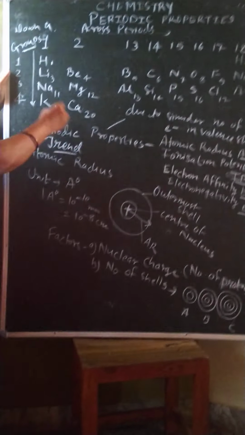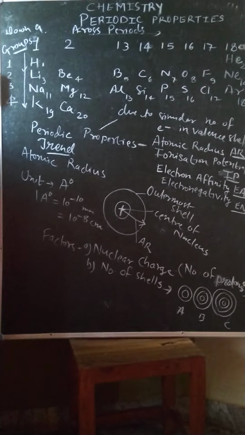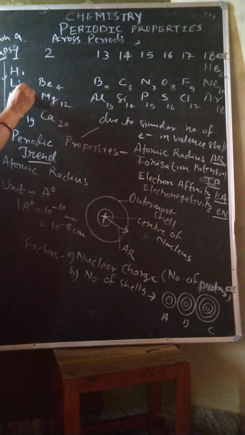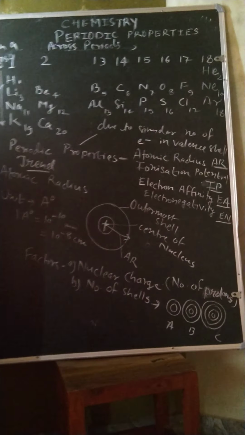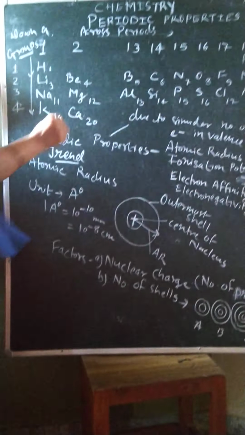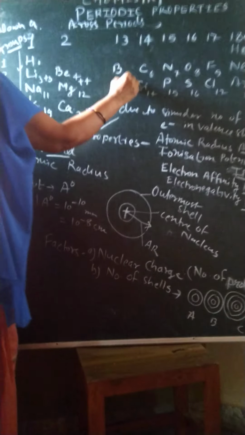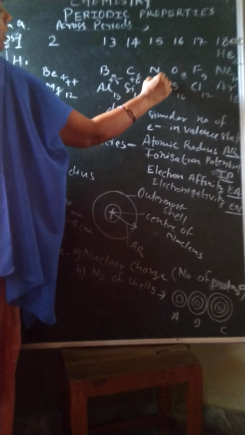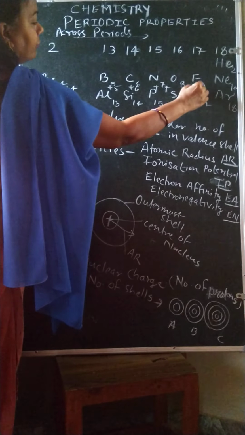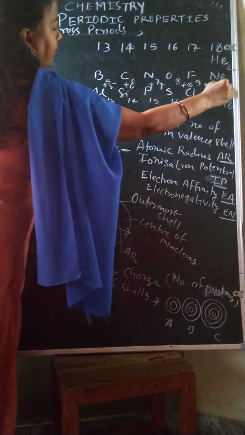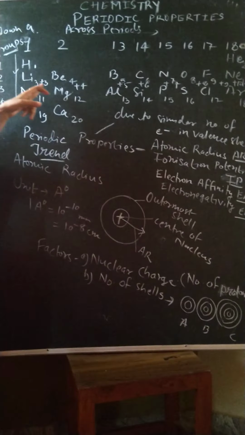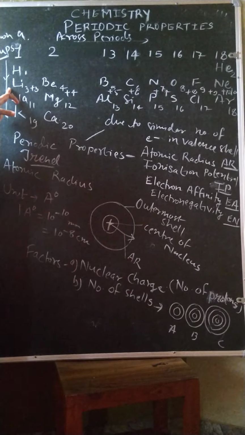So now see, suppose we take the example of period 2. You know that atomic number is equal to the number of protons. So plus 3, plus 4, plus 5, plus 6, plus 7, plus 8, plus 9, plus 10. These are the nuclear charges for period 2.